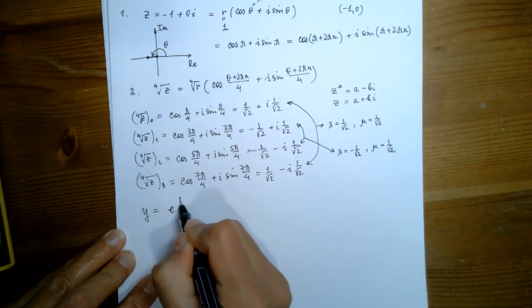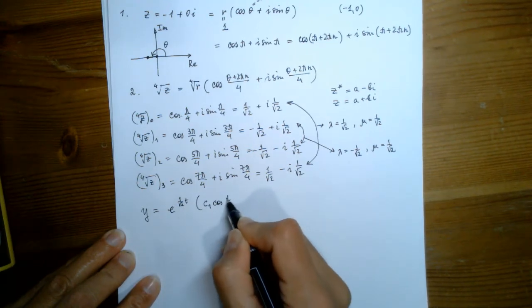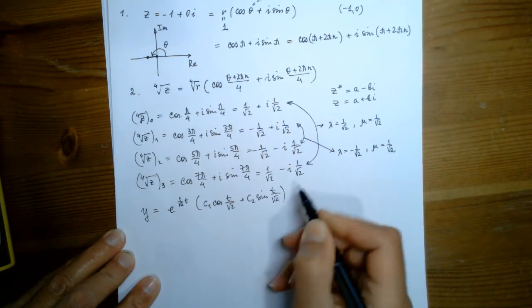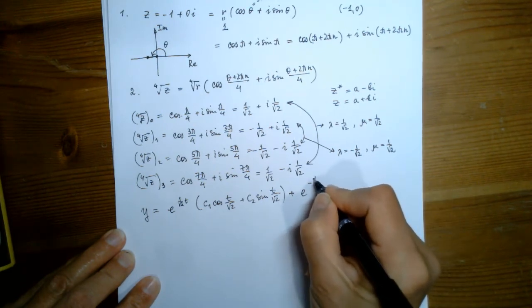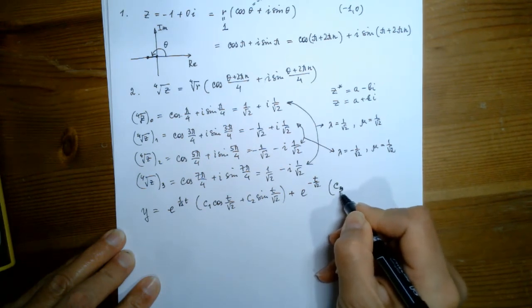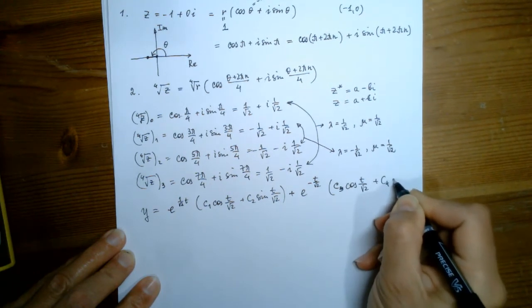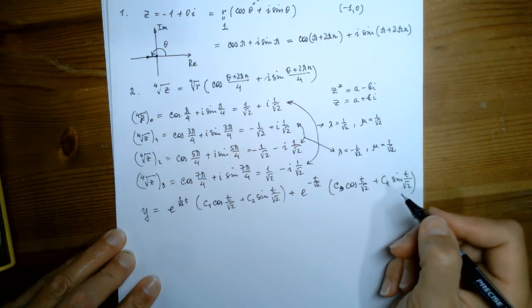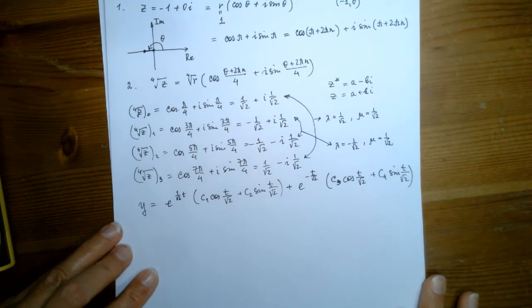That's going to be e to the power of t over square root of 2, and then c1 cosine of t over square root of 2 plus c2 sine of t over square root of 2, plus e to the power of negative t over square root of 2, the second pair of conjugates, and c3 cosine of t over square root of 2 plus c4 sine of t over square root of 2. Well, I know it's kind of long to write down, but this is the only way to do it.